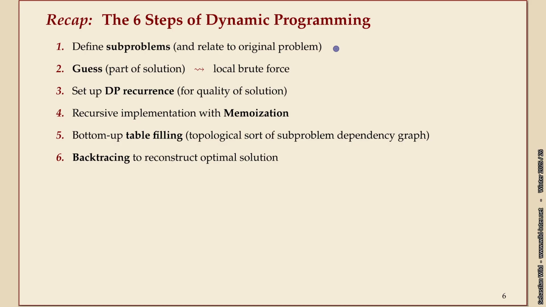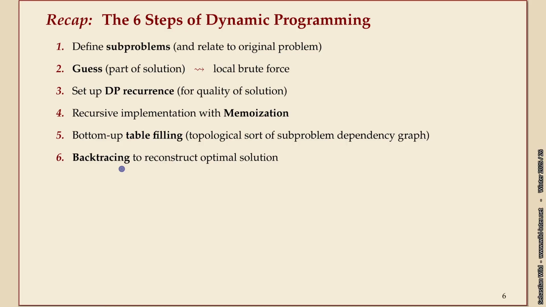The other 3 steps, once you've done this and understood the general recipe, are automatic. You can turn the recurrence into a simple implementation that just memorizes the values. You can also replace this by, in practice, certainly more efficient bottom-up table filling algorithm. So far, these 2 algorithms just give you the quality of the best solution. If you want to compute the actual solution, that also is always a mechanical process called backtracing.